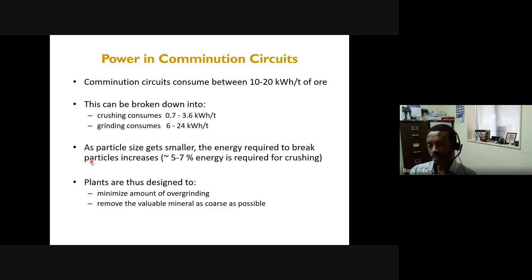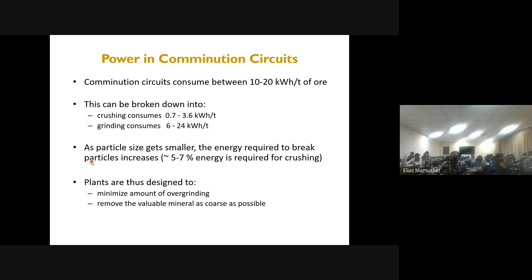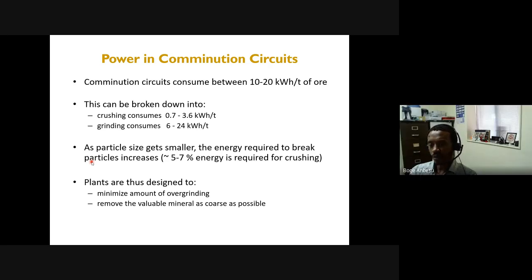So also that's why I was arguing earlier that efficiency and working out power is not very critical for crushing. It's actually very critical for grinding because that's where most of the energy is consumed. So when people think about managing energy or power consumption, they think, okay, we need to minimize any overgrinding during our process.